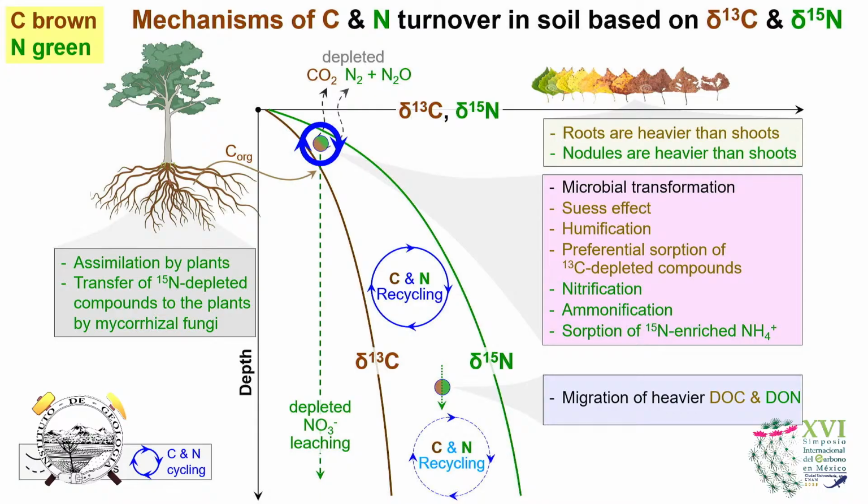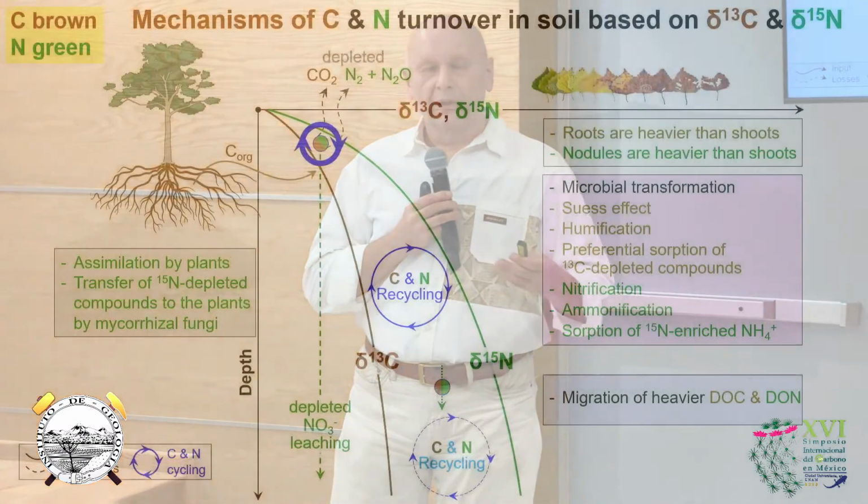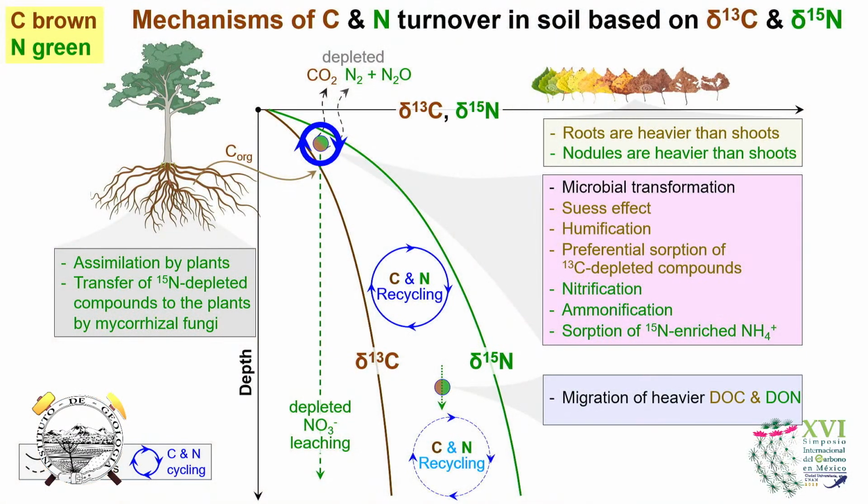And there are two reasons, at least in my view. One of the reasons is that lighter dissolved organic matter will be decomposed more easily. The second reason is that the roots produce a lot of rhizodeposits, which are partly soluble, and also when the litter is decomposed, it also partly forms heavier dissolved organic matter.